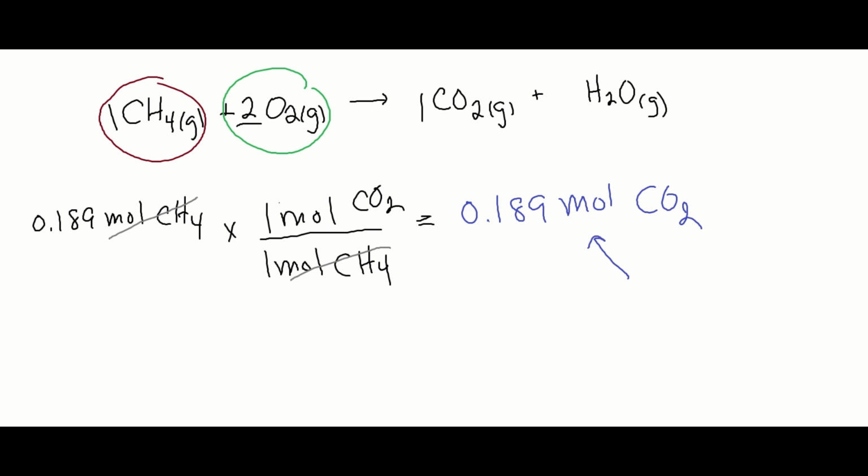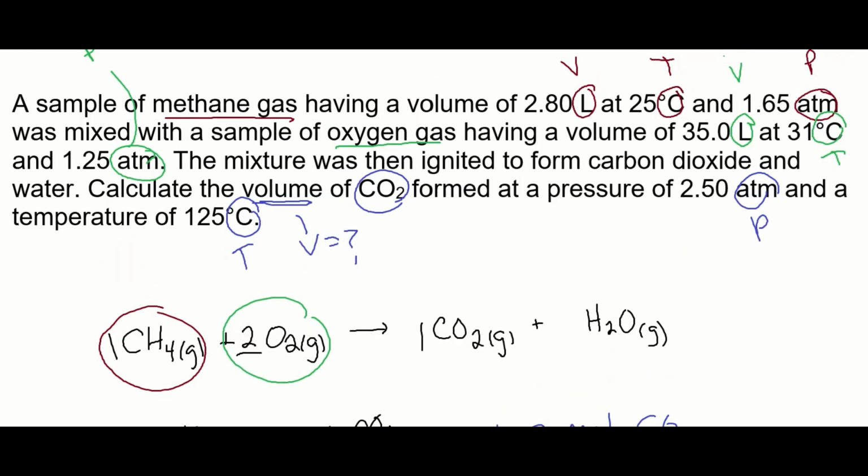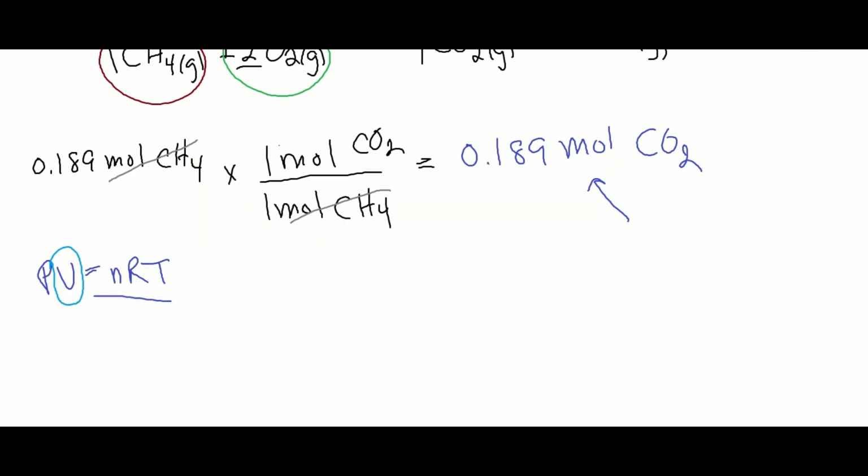Let's do this one more time. This time, we're going to use the ideal gas law to solve for, actually, what did I say? For volume. Right? The question is asking, what is the volume of carbon dioxide? Isolate volume, and volume is going to equal nRT over pressure.